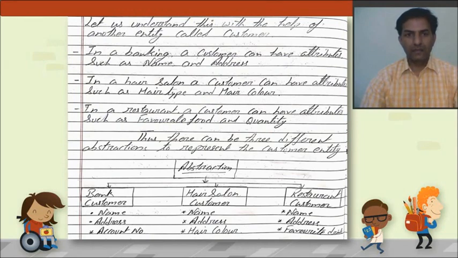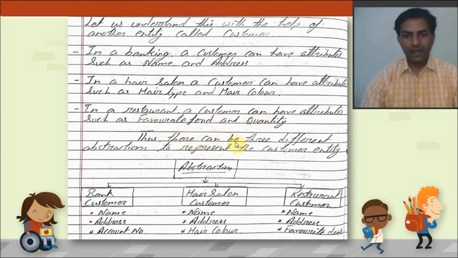Now let us understand this with the help of another entity called customer. In a bank, a customer can have attributes such as name, address. In a hair salon, a customer can have attributes such as hair type and hair color. In a restaurant, a customer can have attributes such as favorite food or quantity.